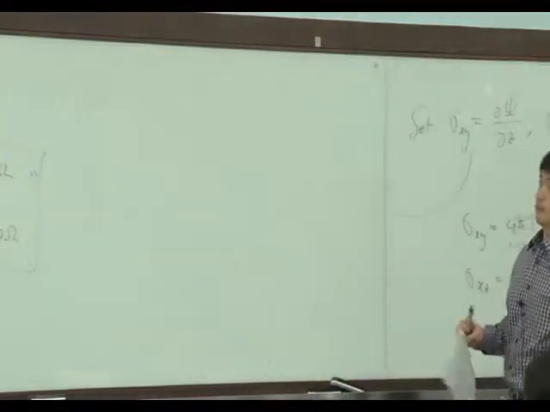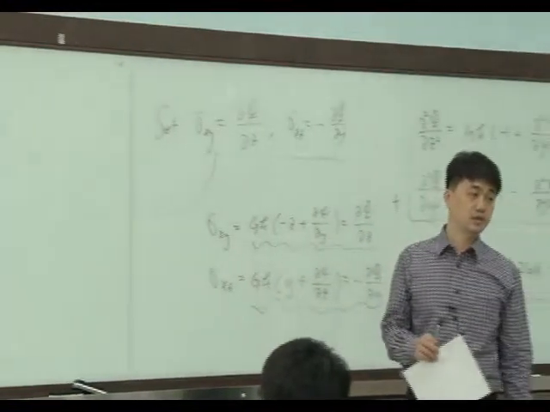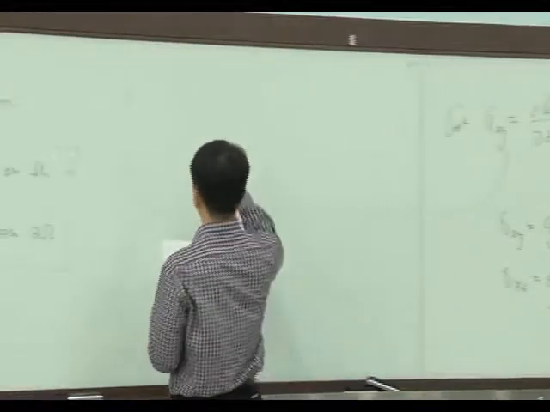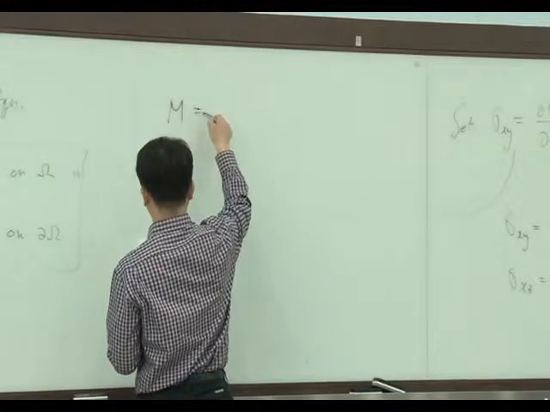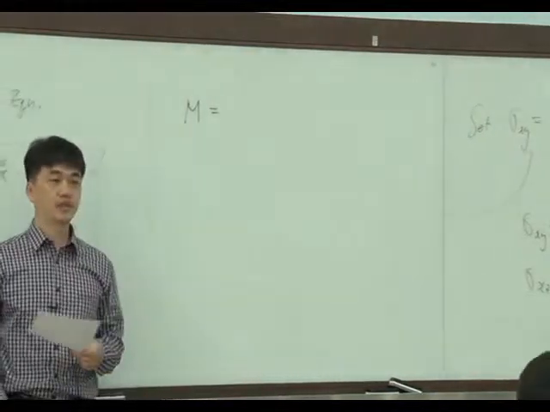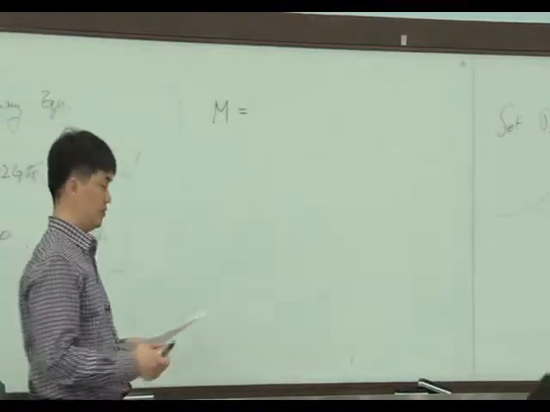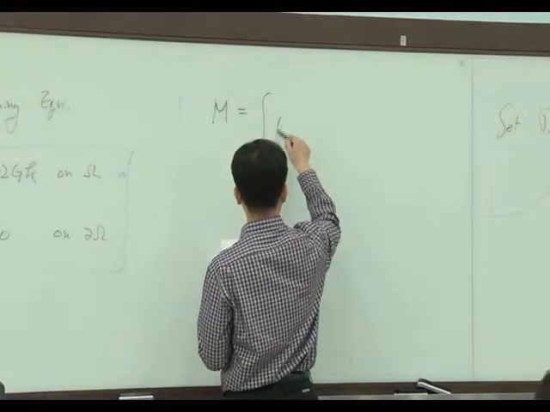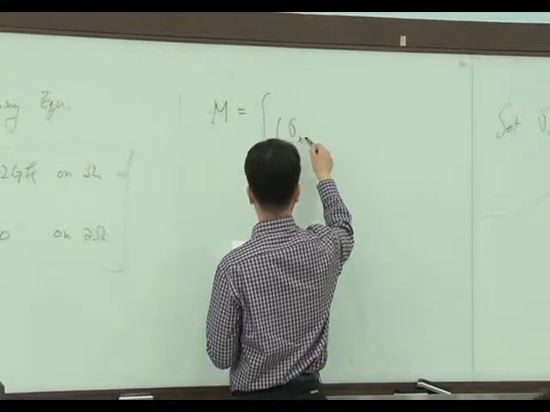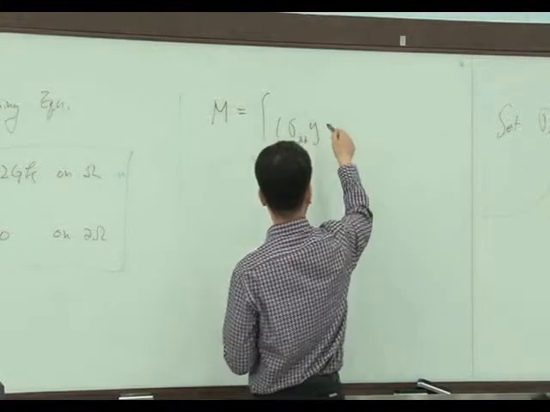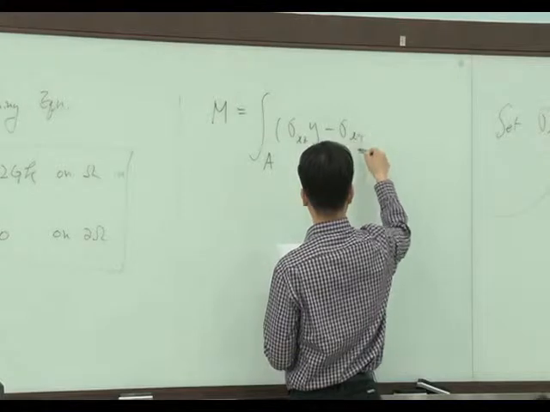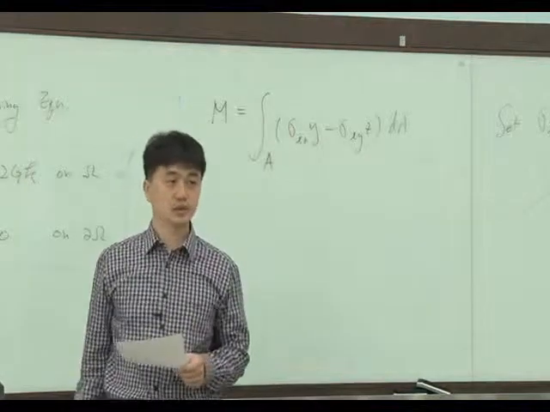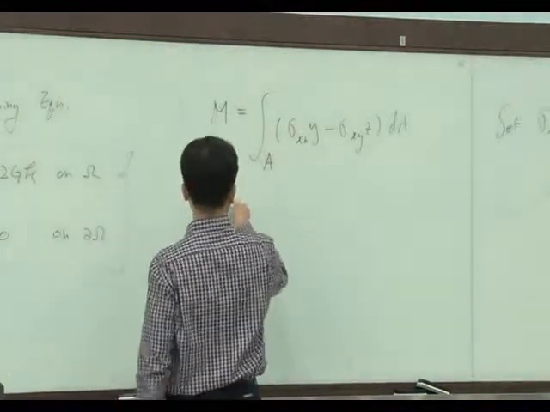Okay, then based on that stress function, let's find out very useful equation. So torsional moment M. This is a resultant stress can be calculated A on the cross section stress xg y minus stress xy g dA, right? We already know about this. This M is a torsional moment.